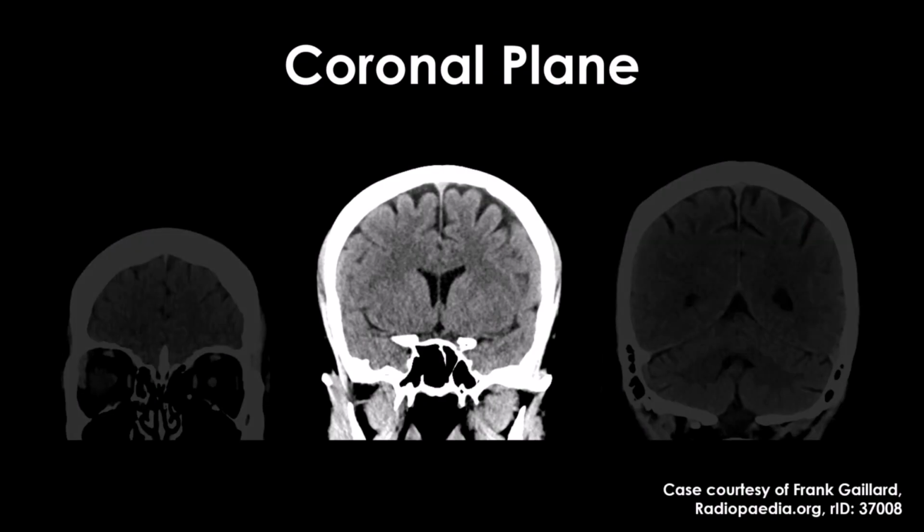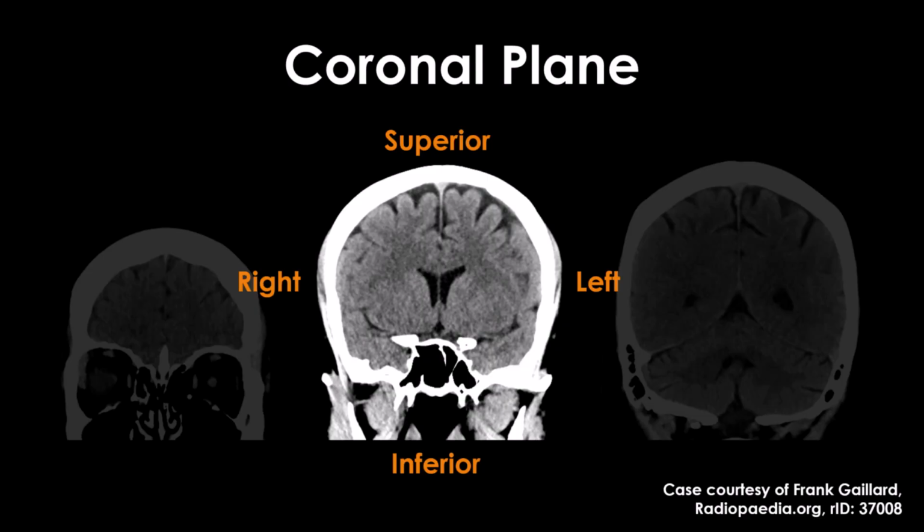The top of each image is the superior side of the patient, and the bottom of each image is the inferior side of the patient. The right side of the image is the left side of the patient, just like general radiography. And the left side of each image is actually the right side of the patient.